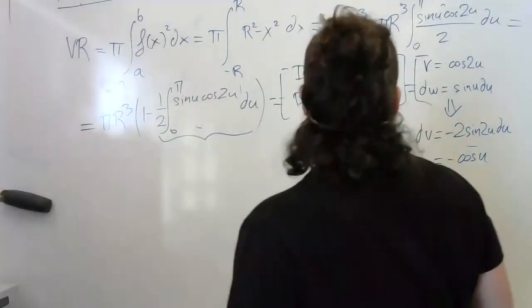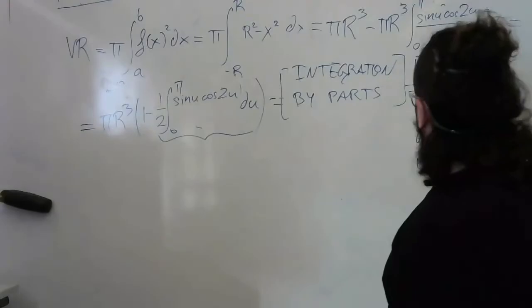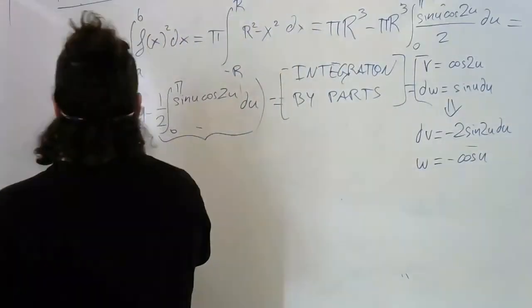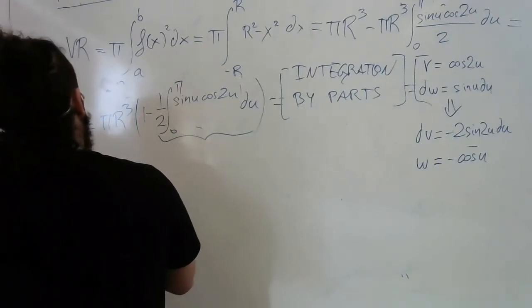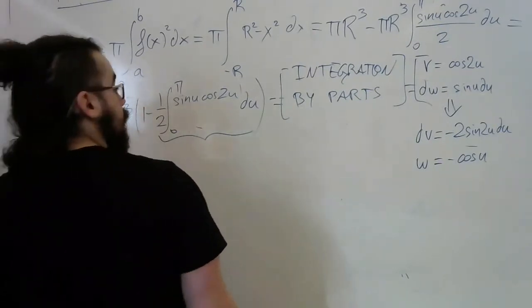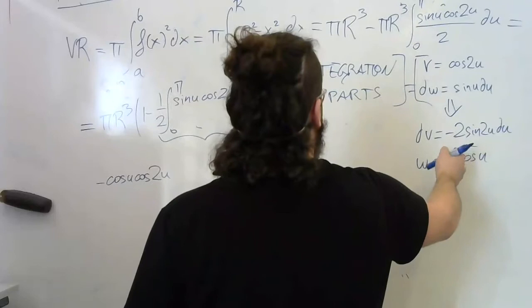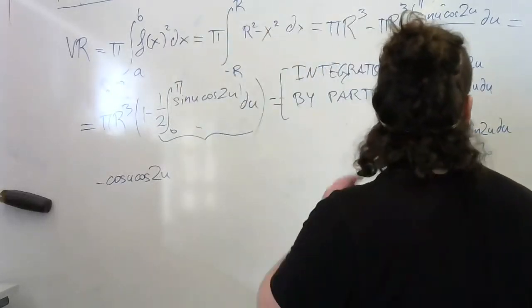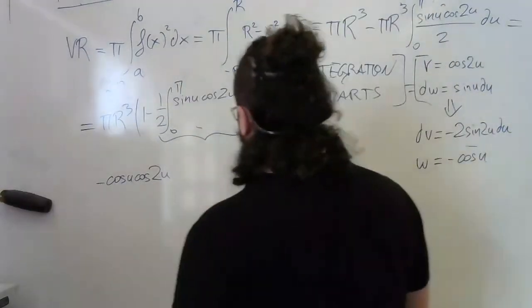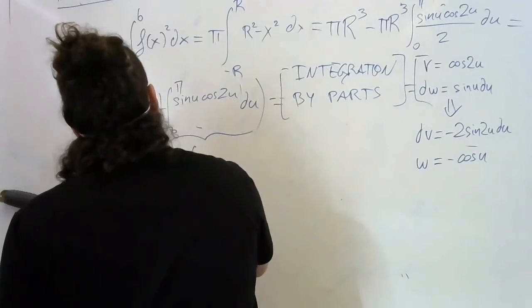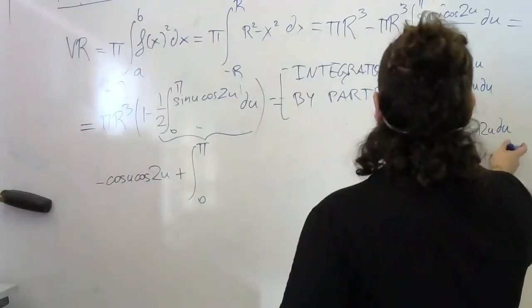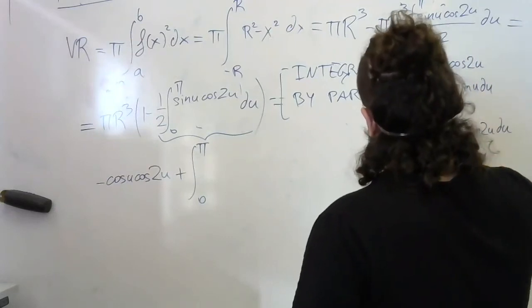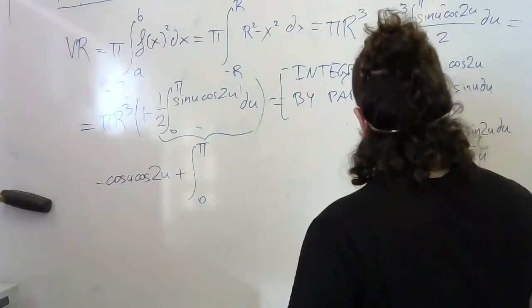That is dw minus, with this minus becomes a plus, the integral of this thing right here.